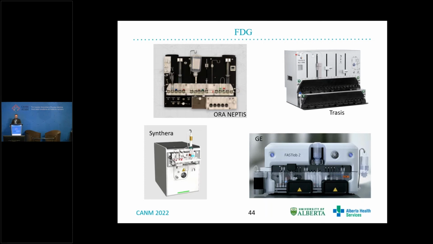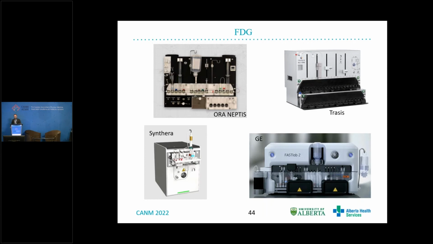The Trasis unit is the one that we're using in Edmonton. The good part about it is we actually can make 4 runs on one cassette. So it's the FDG quad. We load it at the beginning of the day, and we can do 4 out of the 5 batches on the one cassette.